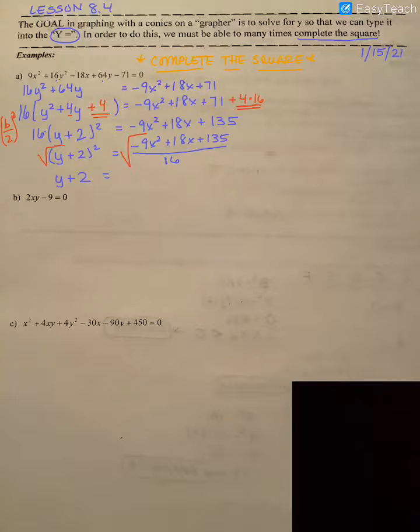Now, keep in mind, because we're in an equation format, don't forget the plus or minus the square root of negative 9x squared plus 18x plus 135 all over 16. And that is all still under the radical there.